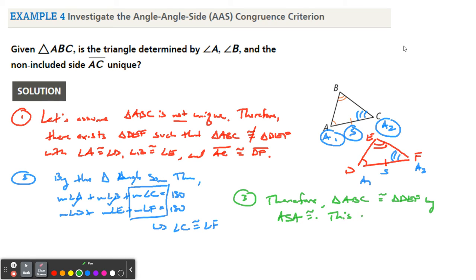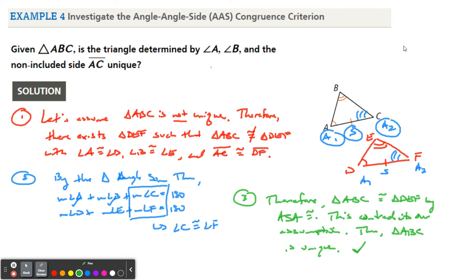This contradicts our assumption. Remember, our assumption was that there's not a unique triangle, so these two triangles would not be congruent, but they are. Thus, triangle ABC is unique. And we proved it. And there you go.